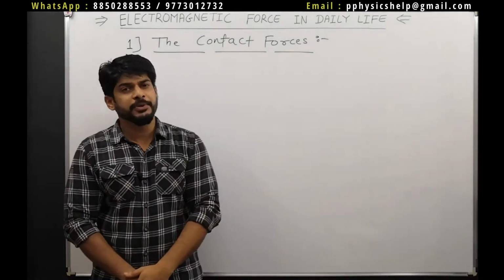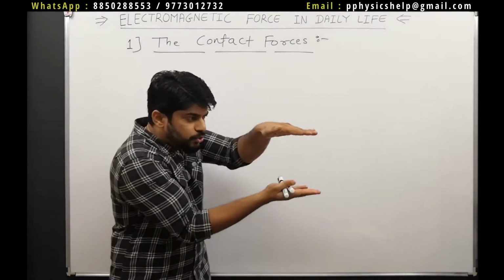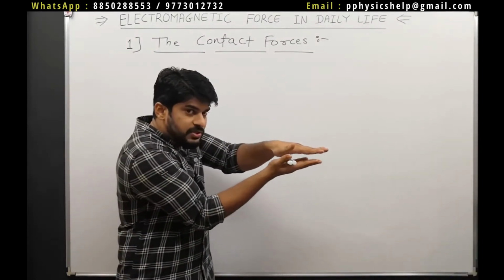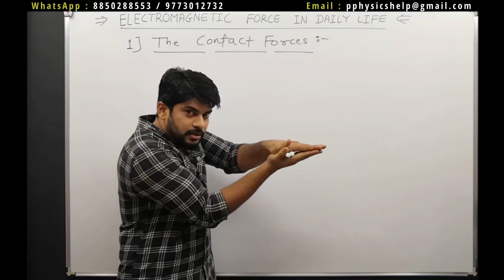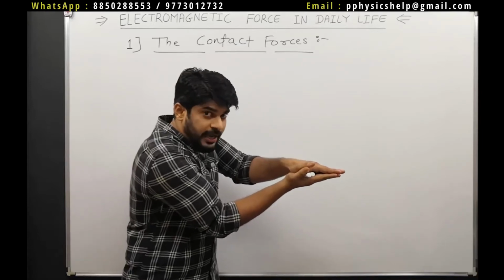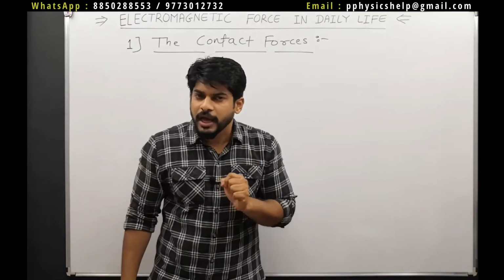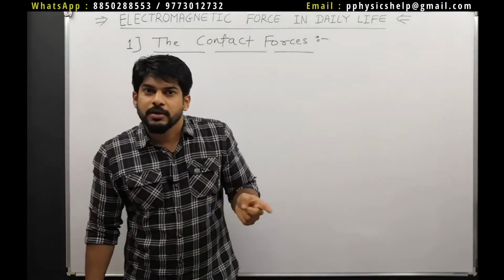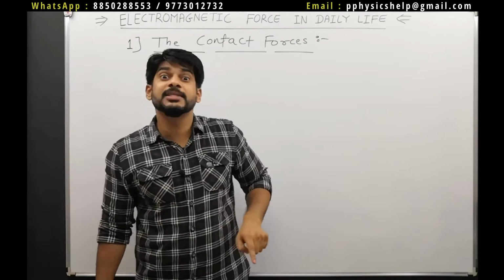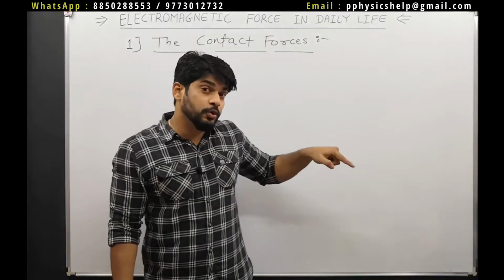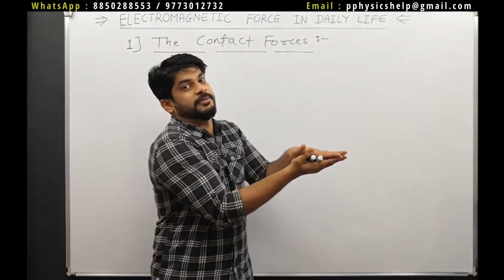So now what will happen? When you bring the table and book in contact, when the two surfaces are in contact with each other, actually it's not the table and book in contact, it's the atoms of the book and table in contact.